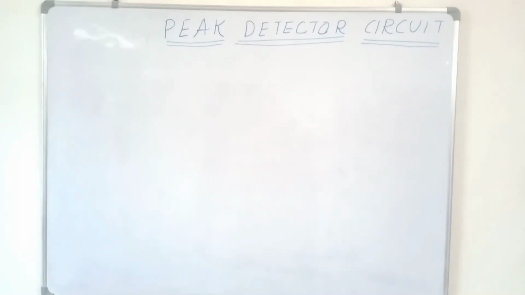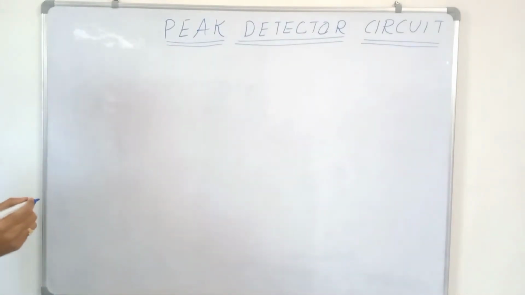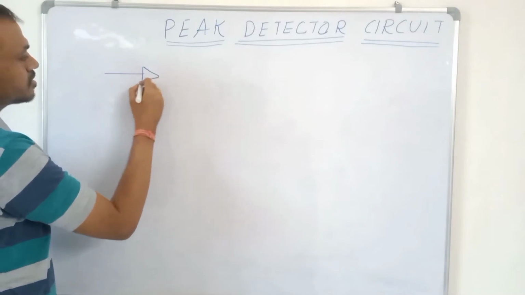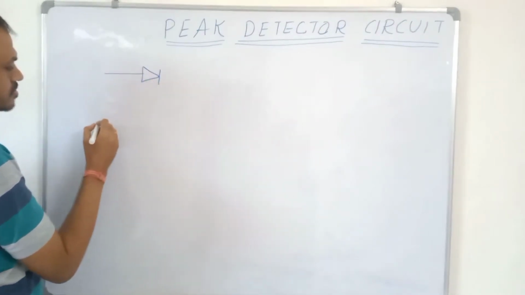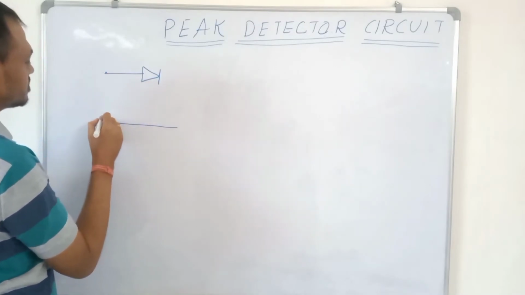In this video we will study the peak detector circuit. First I am drawing a positive peak detector circuit. A positive peak detector circuit is drawn like this. This is the input voltage.